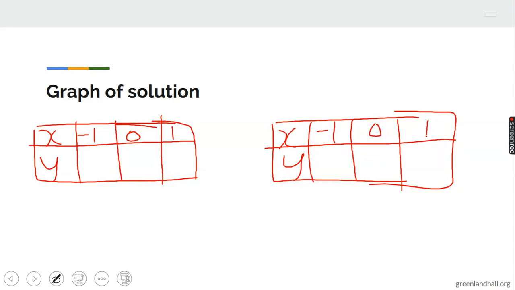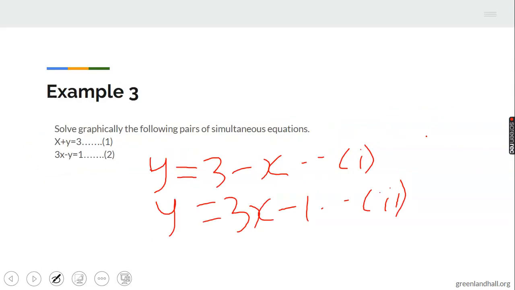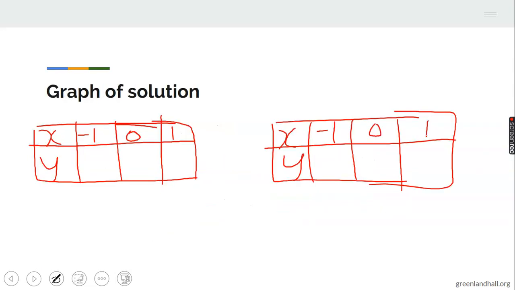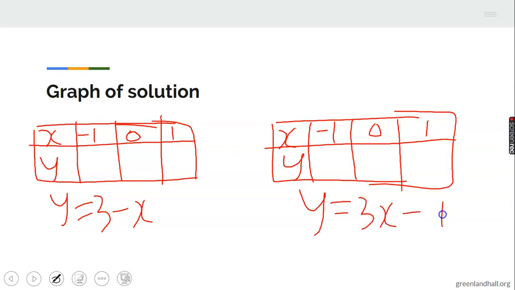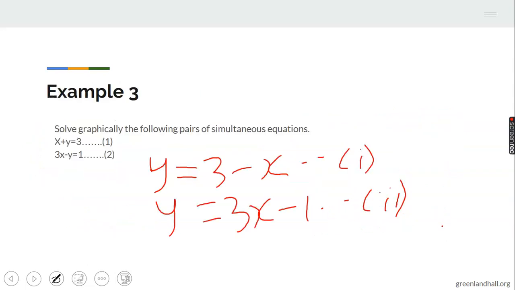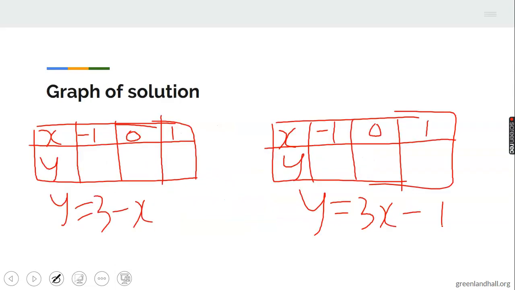So now let's go back to the equations. We have y equals 3 minus x for the first one, then y equals 3x minus 1. Okay. So you just start putting in the values. Since x is minus 1 here, put minus 1 here.